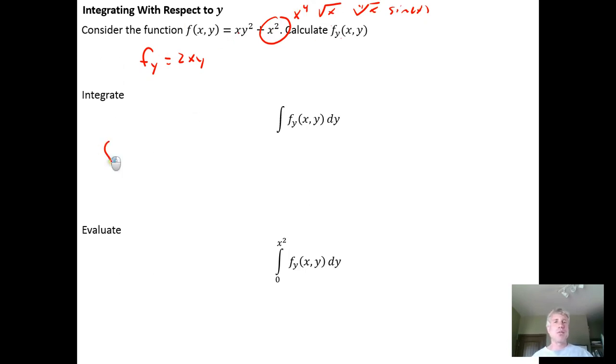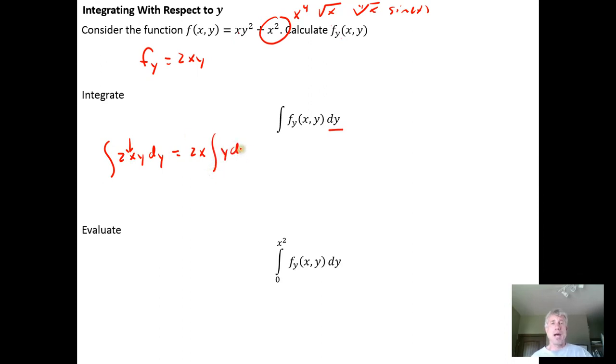So if we then integrate with respect to y, so we have dy here instead of dx. If we integrate our partial derivative, we'll be integrating the derivative 2xy with respect to y, so dy. And we know that we can factor constants out in front of integrals, so we're holding x as a constant with respect to y. So a 2x can factor off that integral.